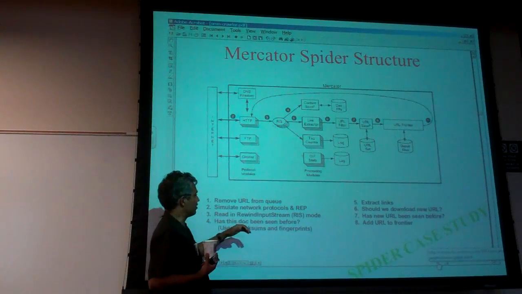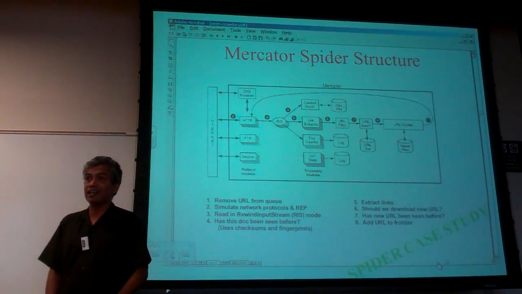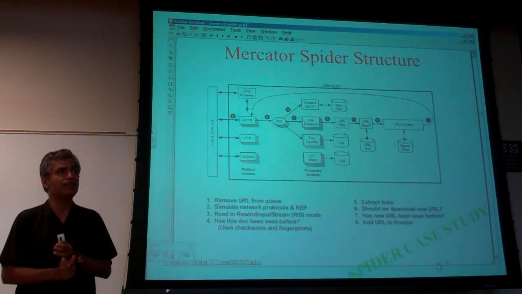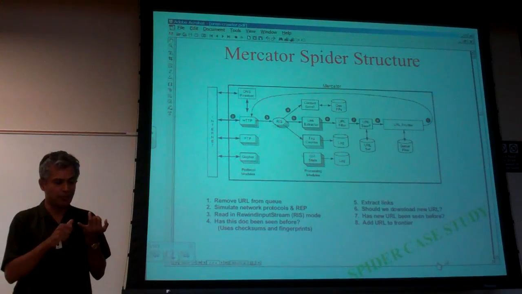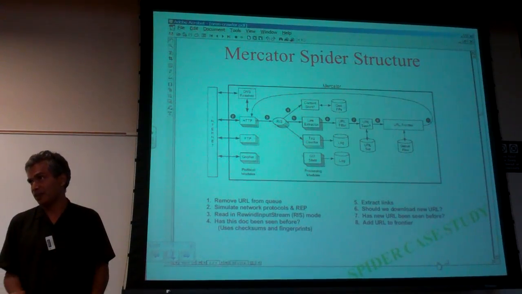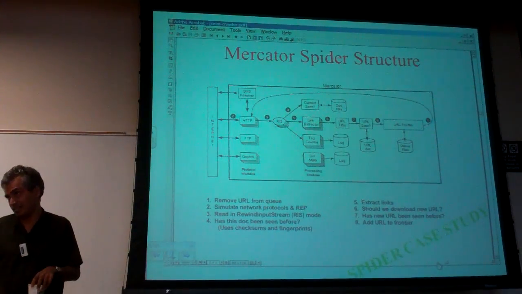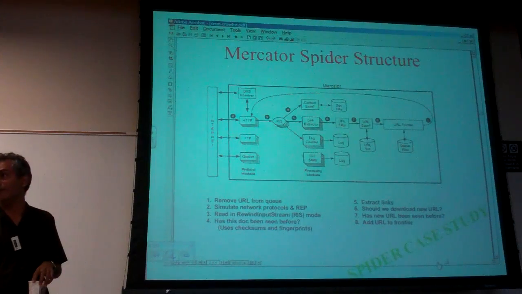In fact, at the time Mercator was written, it was still not completely obvious that HTTP would be pretty much the only main protocol, so it supported FTP, Gopher, and all these other protocols too. Nowadays they are still there, but much less. If your crawler doesn't support Gopher, for example, it's not really going to be a major issue.